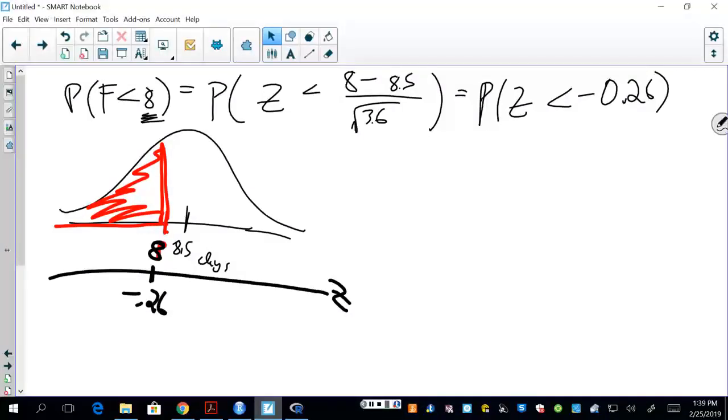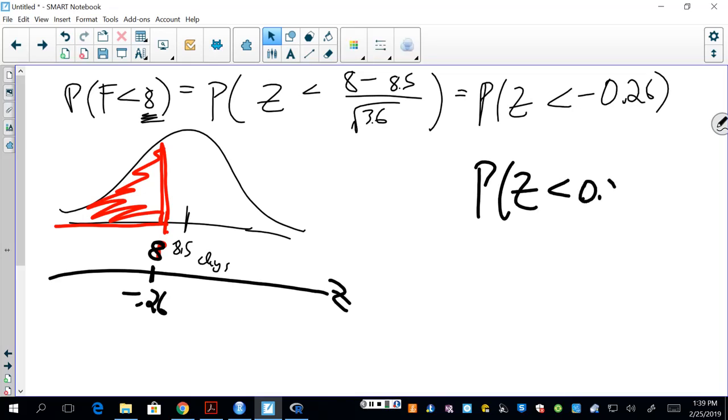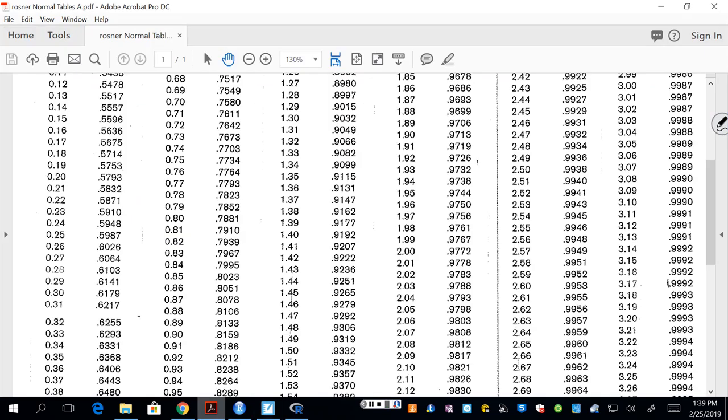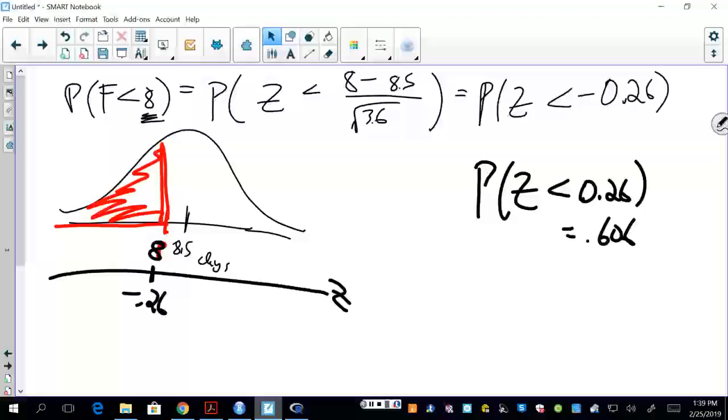So our table says the probability that z is less than 0.26 is 0.6026. That's the information it'll give us, but that's not quite exactly what we want. We have to figure out by logic how to get that number.